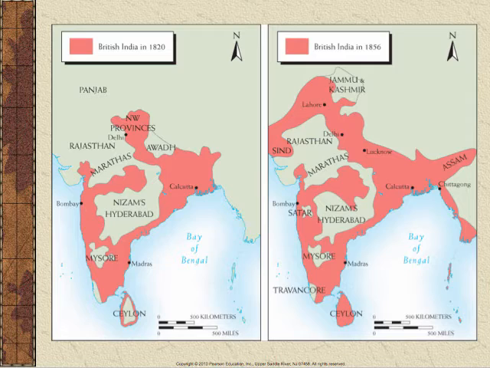And here's a look at the expansion of British rule up to the time of the Sepoy Mutiny. Really, it's this acquisition here in the Northwest that's most important. But again, you see there are also these tributary states, the Marathas and Hyderabad and Mysore down here, Awadh over here.